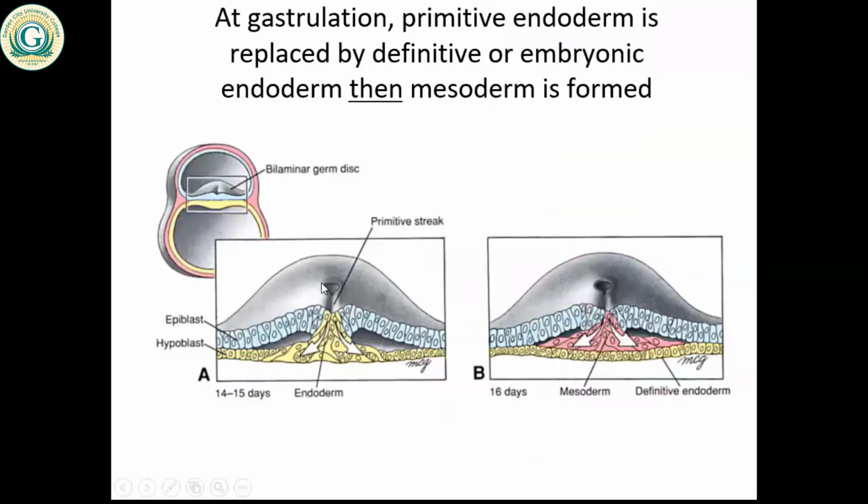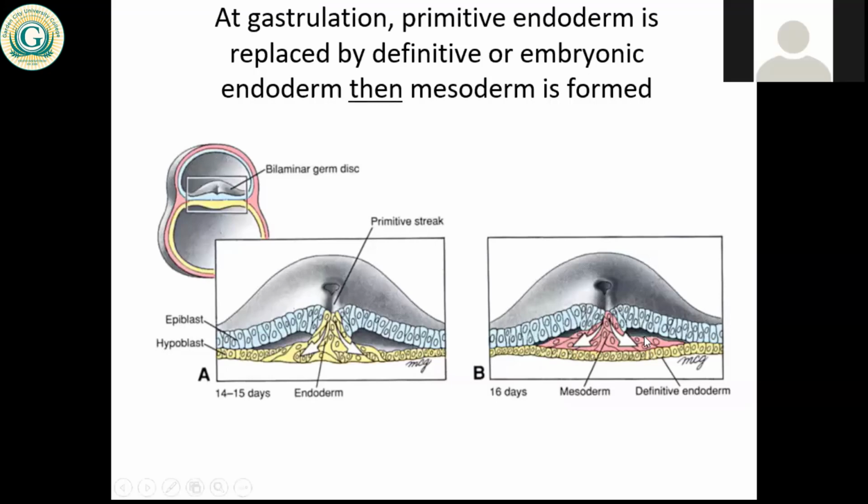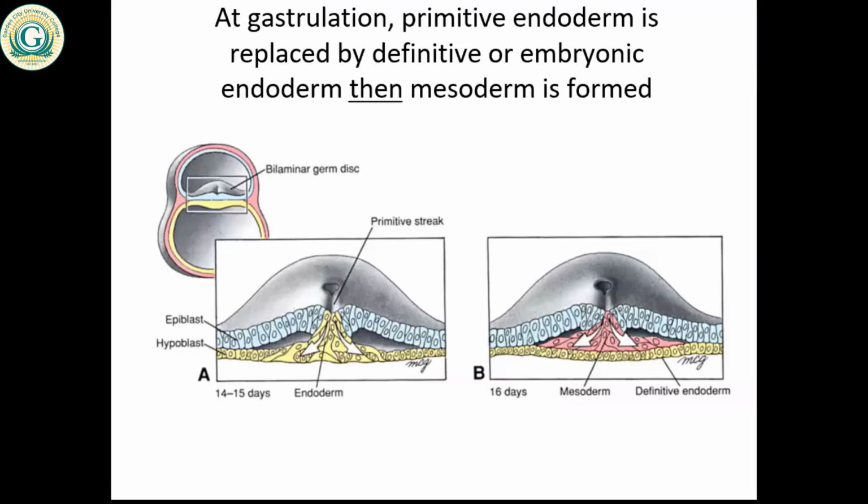When the streak is created, it allows cells of the epiblast to invaginate, or enter the gutter, to separate the epiblast from the hypoblast. A space is created, and then they will move and fill that space. So cells of the epiblast need to move into the streak to occupy the space between the epi and the hypo. Now the movement of these cells is controlled by genes.